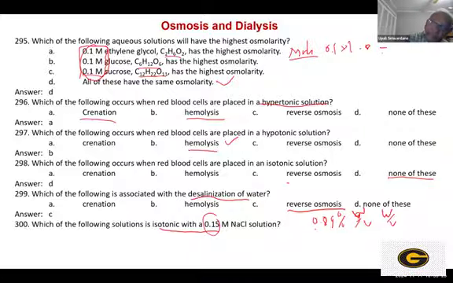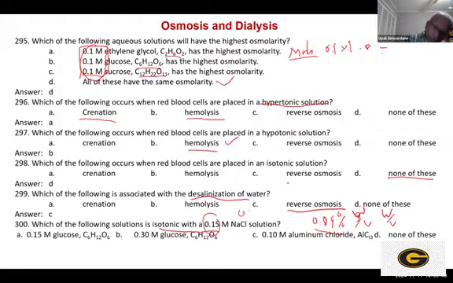This is the same solution converted to weight by volume. 0.15 multiplied by 2 is 0.3 here, 3.3%.